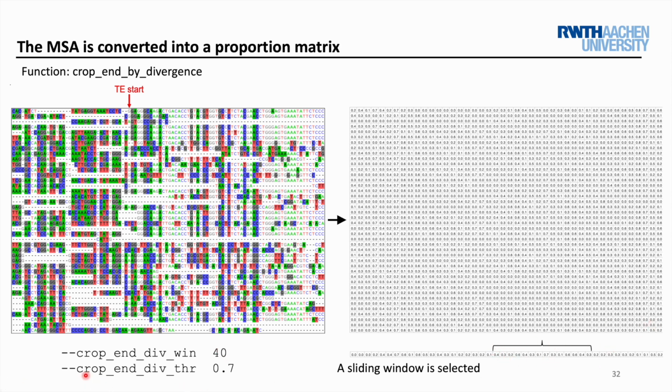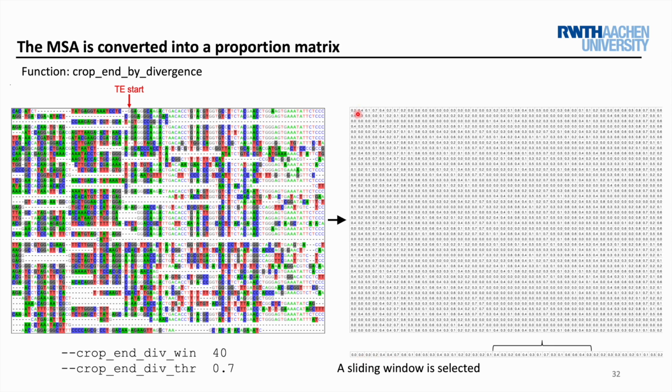The other one is crop end by divergence threshold. It's from 0 to 1, a proportion number. In this case, it's 0.7. So 40 multiplied by 0.7 is 28. That means when the sum of the proportion numbers included in this sliding window is greater than 28, the sliding window will stop. And all the positions from here to here will be eliminated.